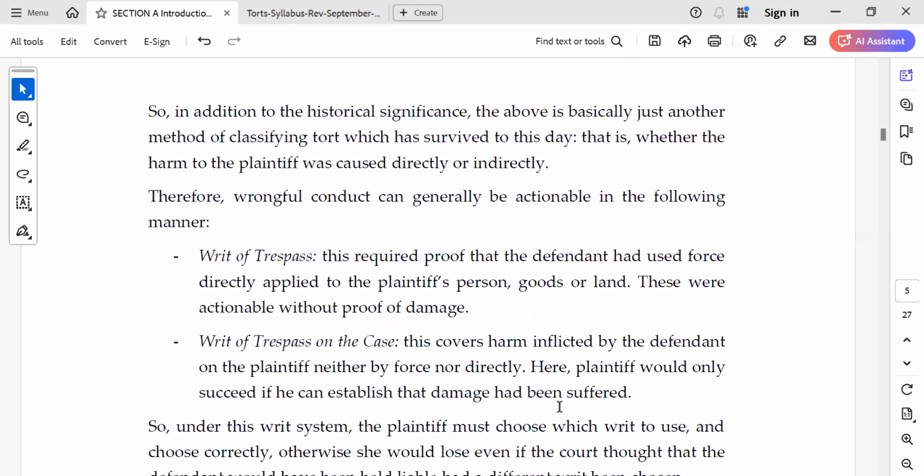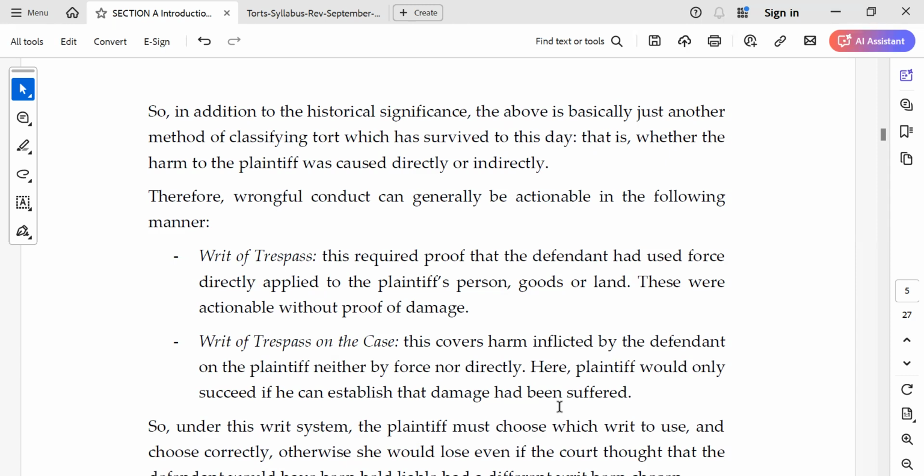In addition to the historical significance, the above is basically just another method of classifying tort which has survived to this day. That is, whether the harm to the plaintiff has been caused directly or indirectly. So, with force, or without force, harm has happened. Basically, you have to prove the harm.